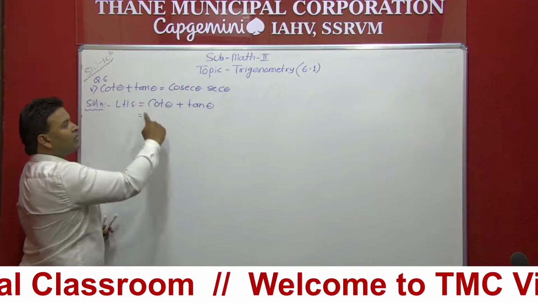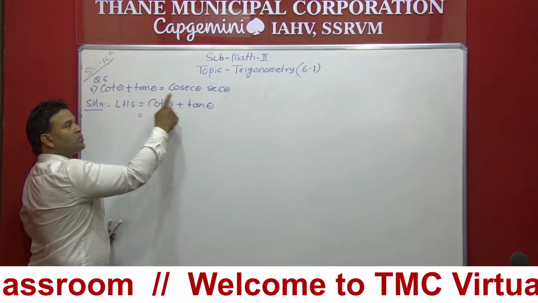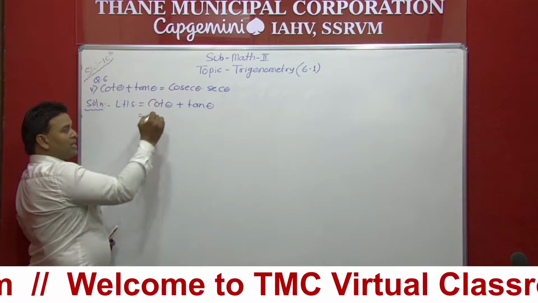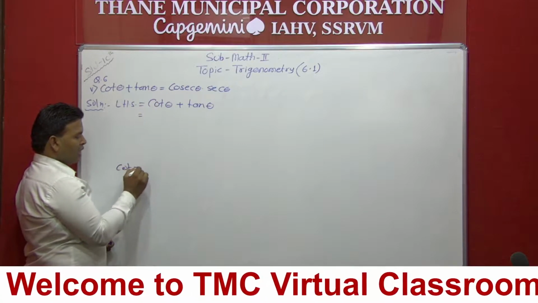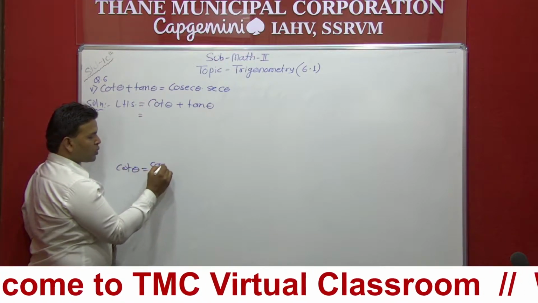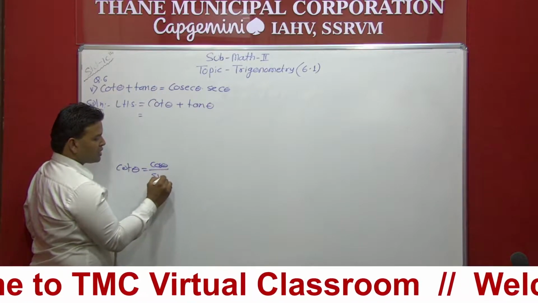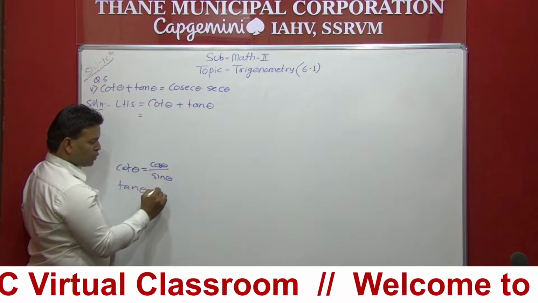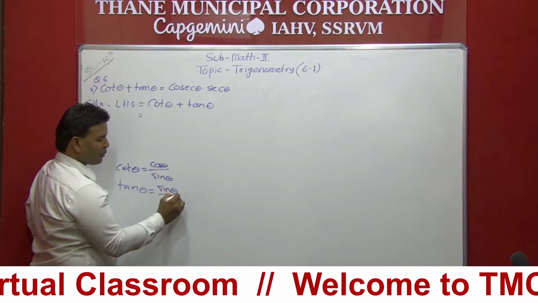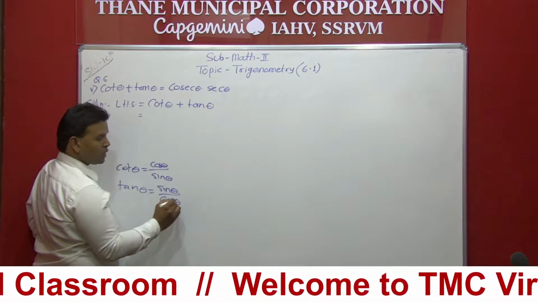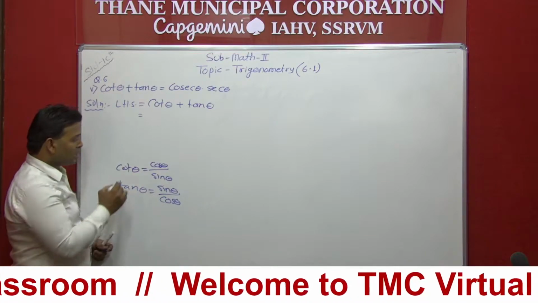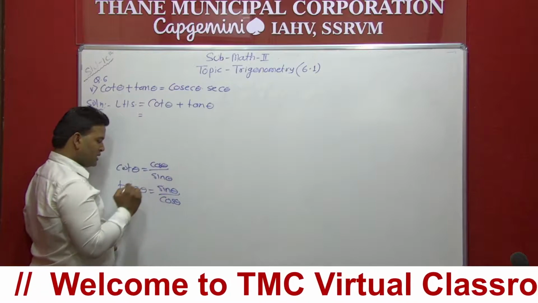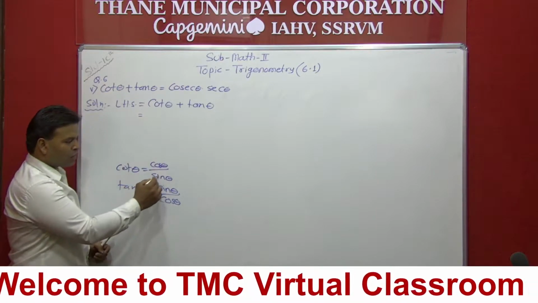So first I will try to convert this into terms of sine and cos. Here cot theta is equal to cos theta upon sine theta, and tan theta is equal to sine theta upon cos theta. So instead of cot theta and tan theta, I am going to substitute these.